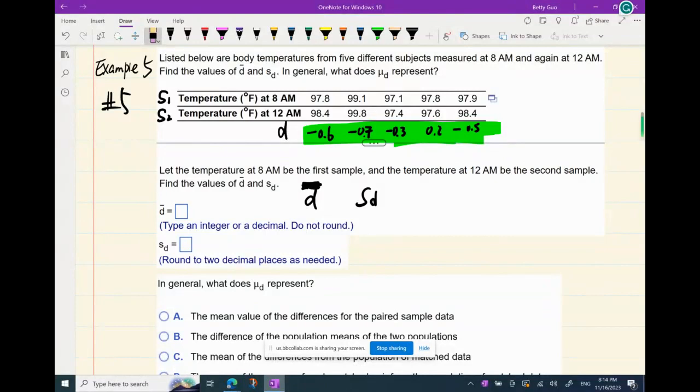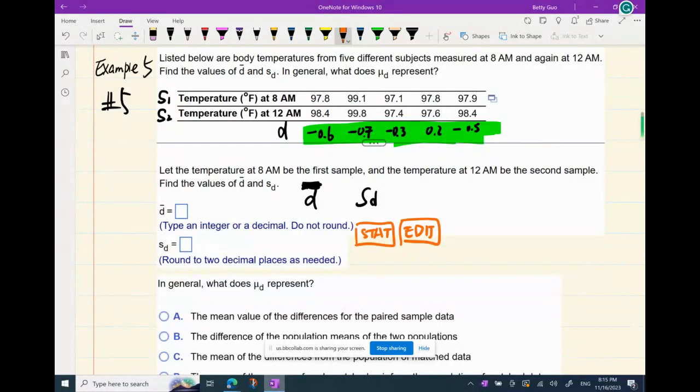Okay, guys, let's go to stat, edit. And I'm going to clear all my history information. You would see six lists.